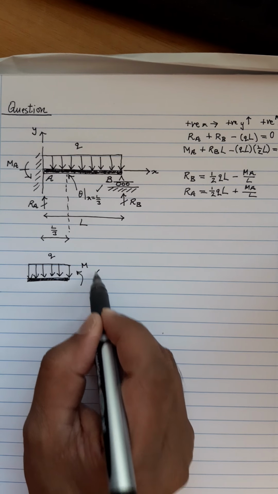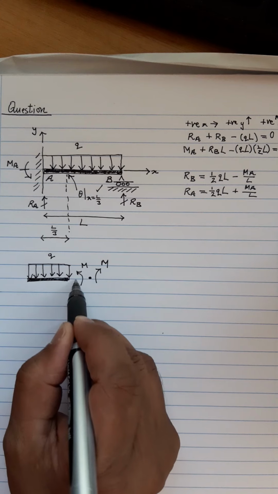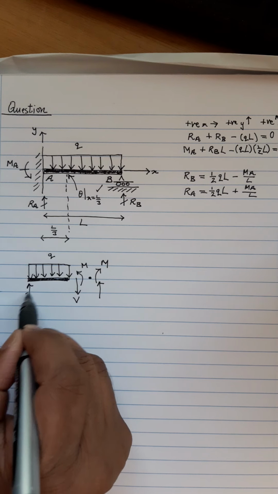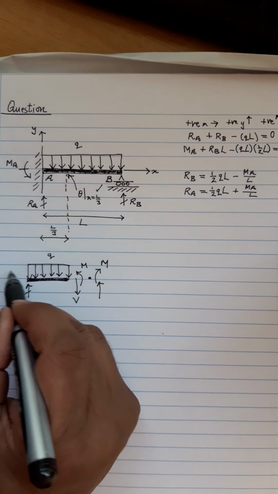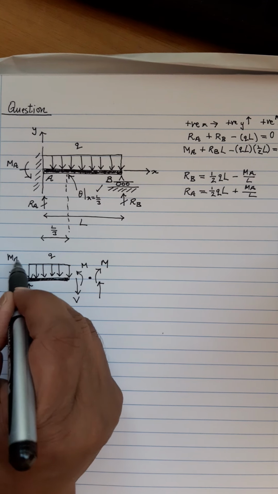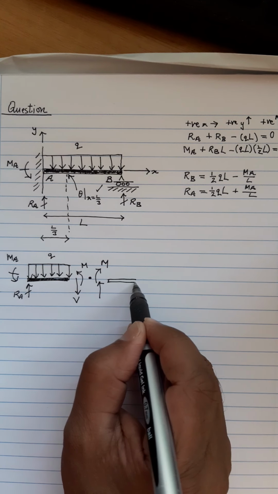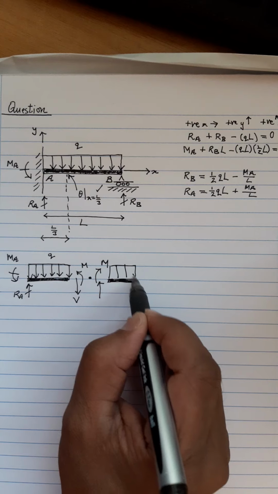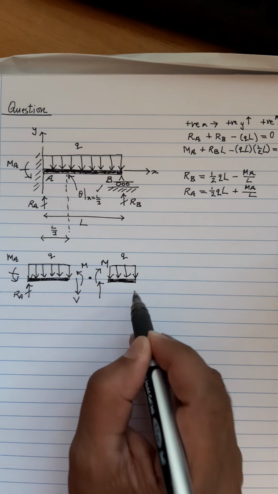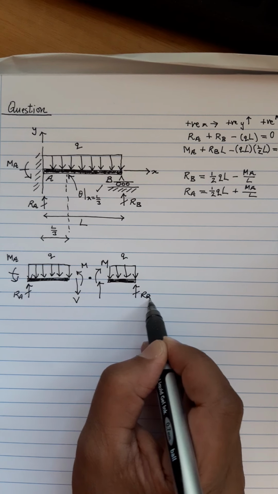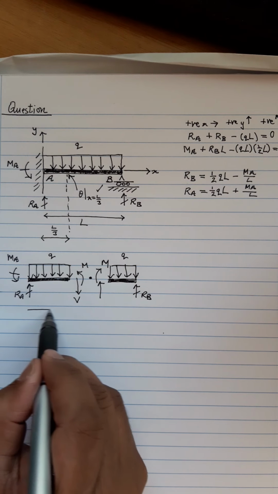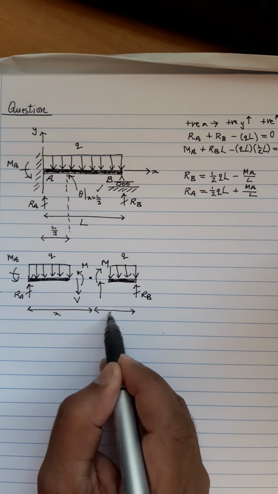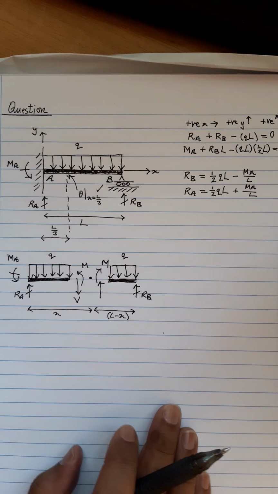We've got a moment, we've got our point where we took the cut, we've got a shear force on both sides, we've got a reaction moment on the one side, we've got a reaction force, we've got the rest of the beam where we took the cut, we've got the UDL, and we've got the reaction force. And of course the distance from the wall to where we took the cut is x, and by implication the remaining distance is L minus x.